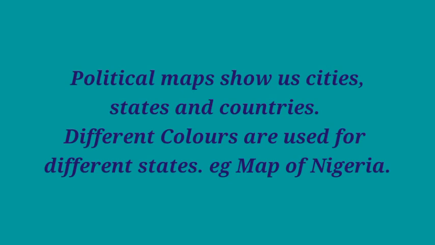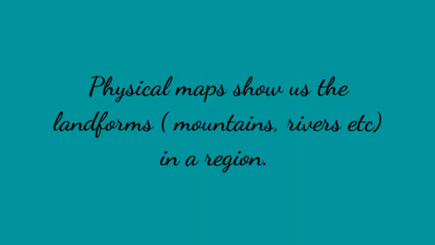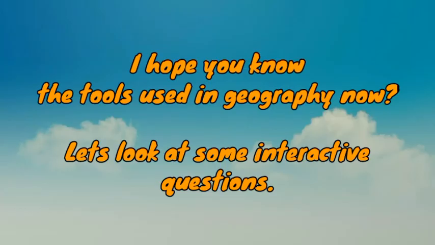For example, the map of Nigeria is a political map. We also have the physical map, which shows us landforms like mountains, valleys, rivers, oceans, etc. in a region. So you know the two types of maps now. I hope you know the tools used in geography now.